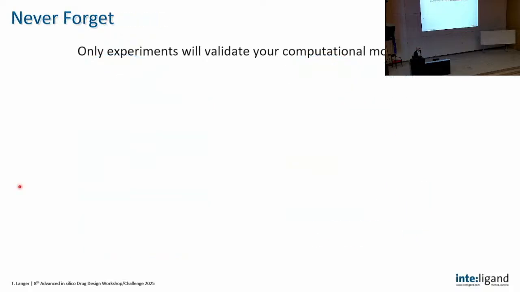So before we go into more details, I just want to mention one very, very important thing. Whenever you do computation, simulation, in silico, whatever kind of experiment, you need to validate them. It makes no sense to make a model and then that's it, right? You need to use this model and do some experiments to validate it or invalidate it.